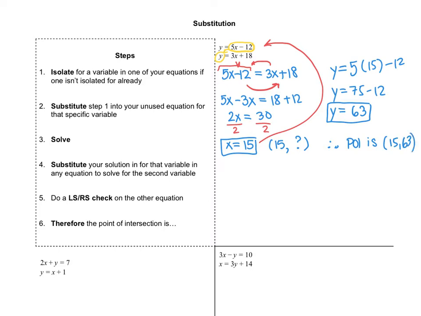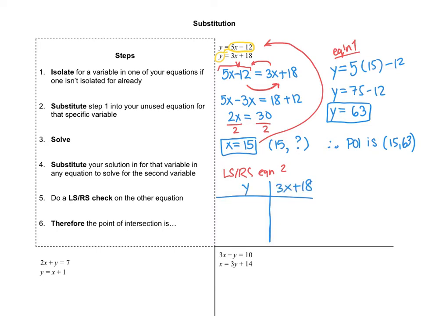And we're always welcome to do a left side, right side check. Now, I did my solving for y in equation 1. So to do a left side, right side check, I'm going to do my left side, right side on equation 2. And this is optional for sure. So the left side of equation 2 is y, and the right side is 3x plus 18.